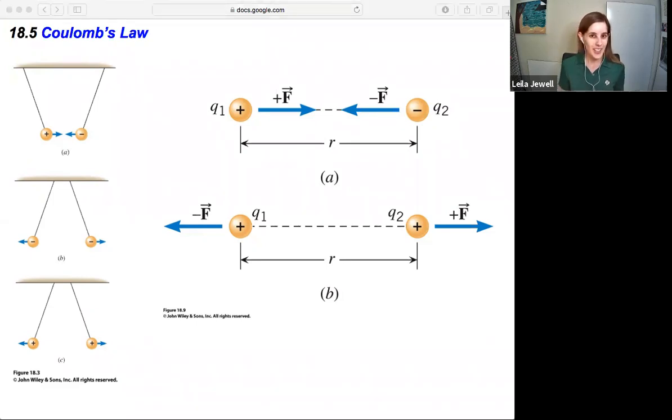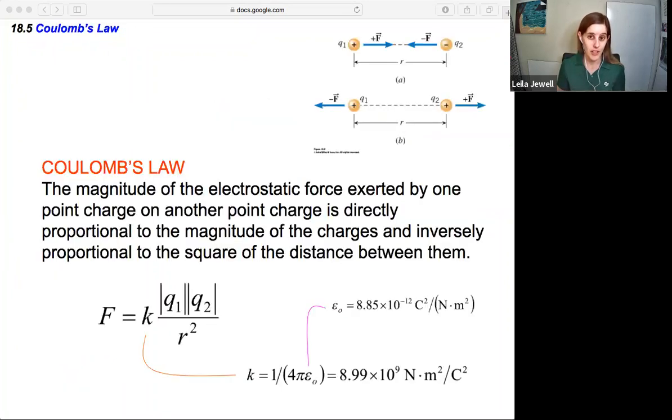If we want to calculate the magnitude of the force, that is where we can use Coulomb's law. Coulomb's law says that the magnitude of the electrostatic force exerted by one point charge on another point charge is directly proportional to the magnitudes of these charges, how much charge they have, and inversely proportional to the square of the distance between them.